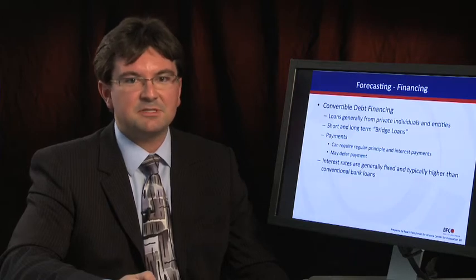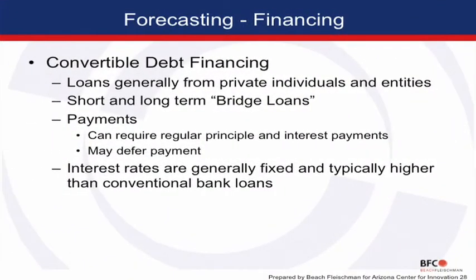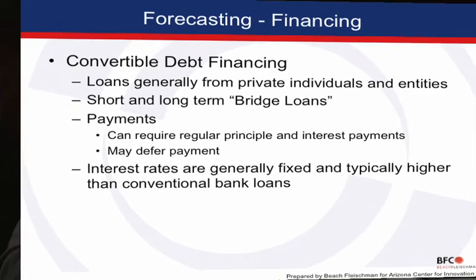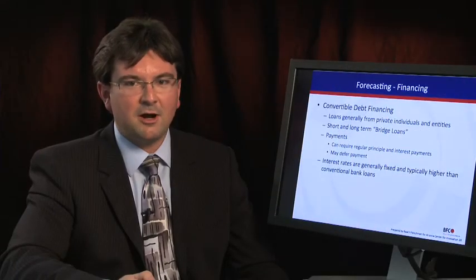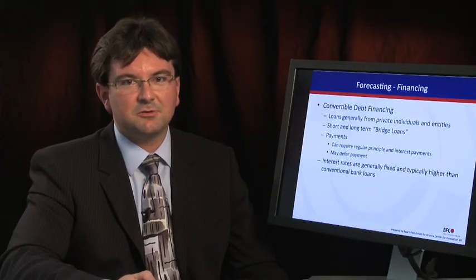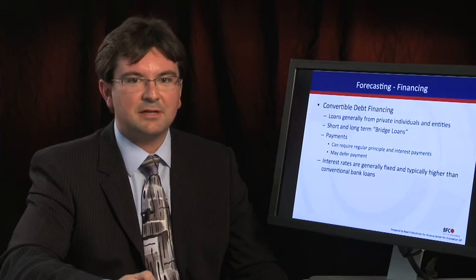The timing of those payments can differ very greatly depending on the individual who enters into the debt agreement with you. The payments can be deferred and the principal and interest balance can grow so that you can use that money only to finance your operations and repay it later, or they can require that you pay along as you go, similar to what your traditional bank loan would be.